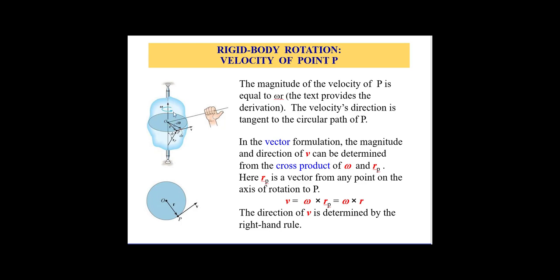It does not have to be perpendicular, just any point on this axis, which is going to be in magnitude the perpendicular distance multiplied by the angular velocity omega. In vector form, velocity of a point equals omega cross r_P.